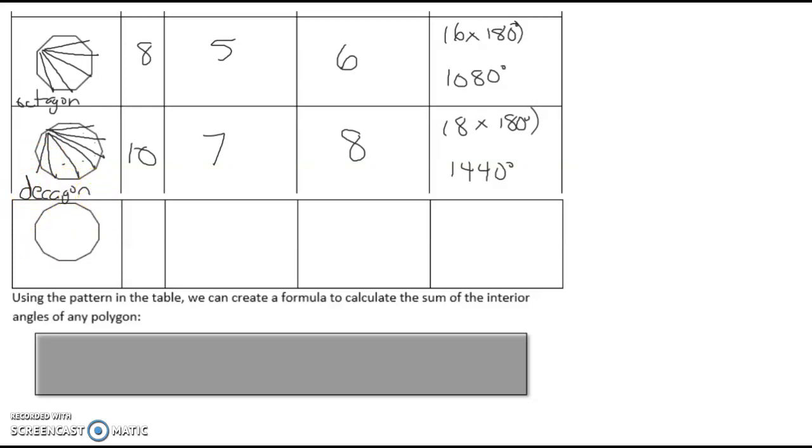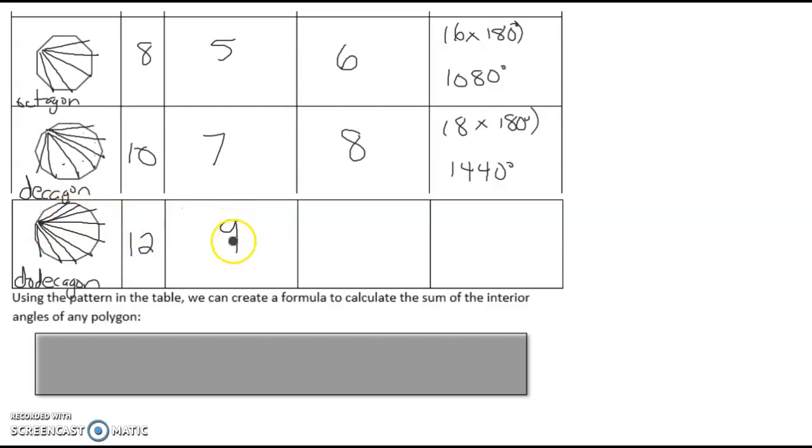Okay, this one looks crazy. Let's count the sides here. So 1, 2, 3, 4, 5, 6, 7, 8, 9, 10, 11, 12. So now we have 12 sides, okay? This is called a dodecagon. All right, so if we were to look at our triangles, oh, it's going to get harder. 1, 2, 3, 4, 5, 6, 7, 8, 9.